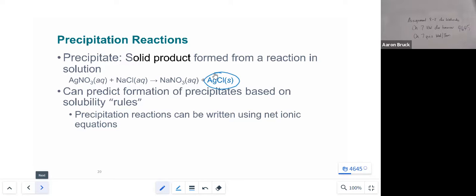So the use of our solubility rules can actually help us to predict, okay, this solution, silver nitrate, is going to be soluble. This solution, sodium chloride, is also going to be soluble. The sodium nitrate that forms, also soluble. The silver chloride that forms, well, that one's not soluble, that one's different.